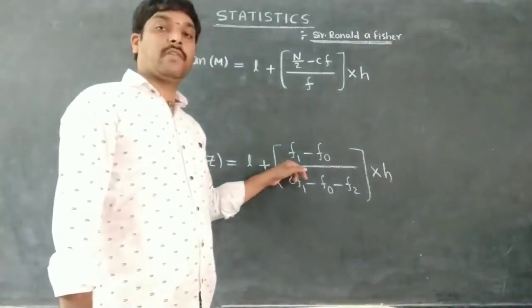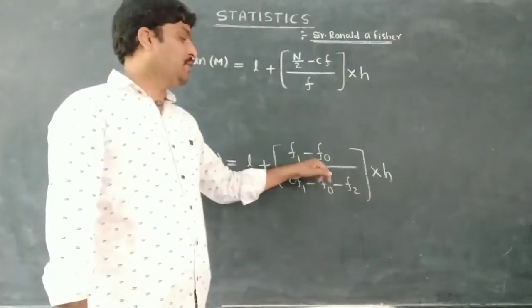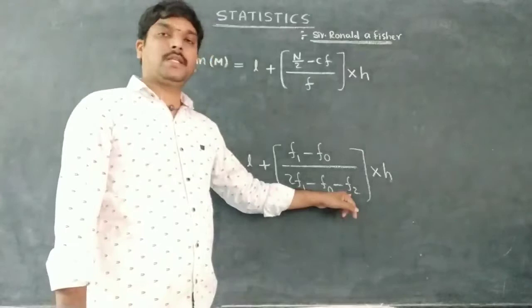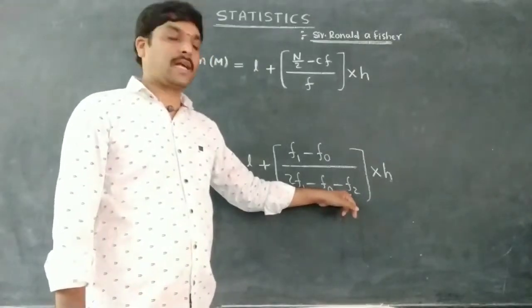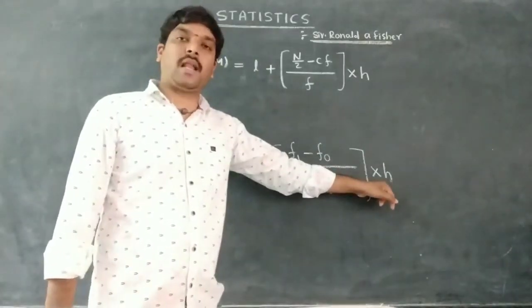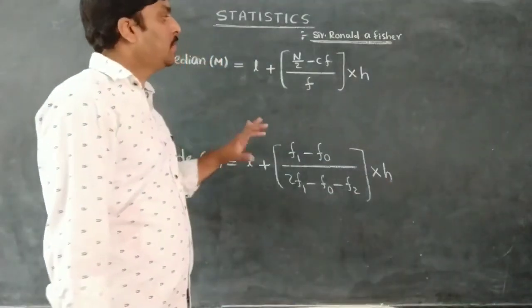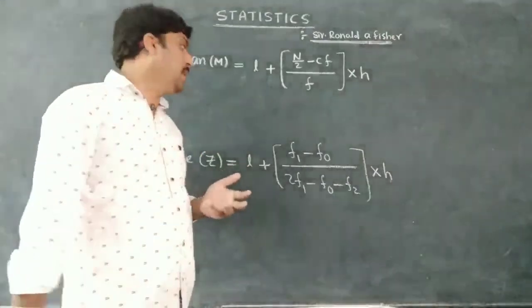F1 is the frequency of the modal class. F0 is the preceding frequency of the modal class. F2 is the succeeding frequency of the modal class. H is the size of the class interval. Through these formulas we will find median and mode.